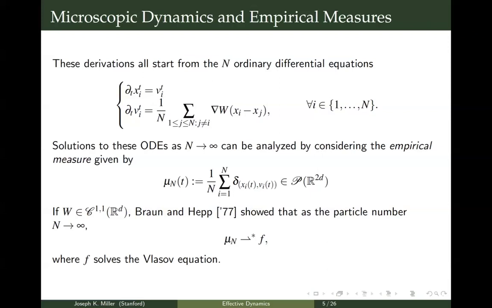And actually, you can show that if W is nice enough, in particular, the C^{1,1} means I can control the flows of this well enough, then the empirical measure will converge to a solution of Vlasov. So what I mean by converge to a solution of Vlasov is if the initial data converges, then for every later time, it will also converge. So either I solve these n ODEs, or I solve the one PDE. That's the way I do this. Okay.